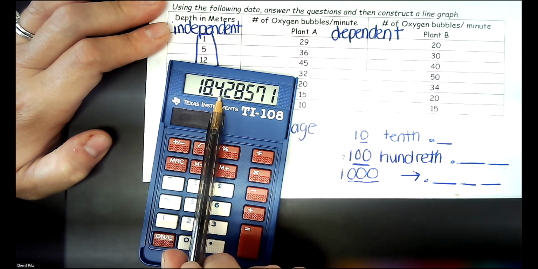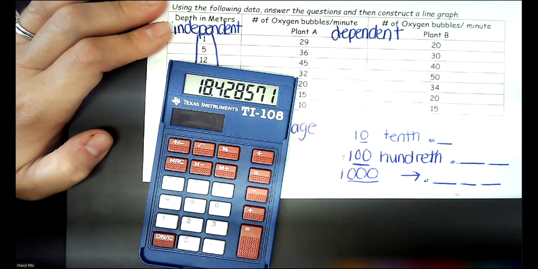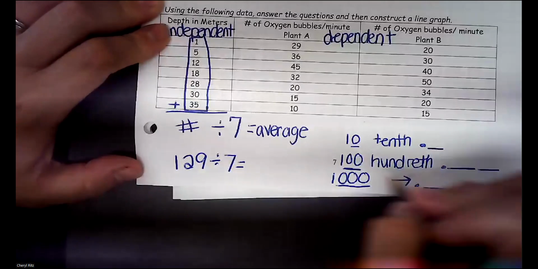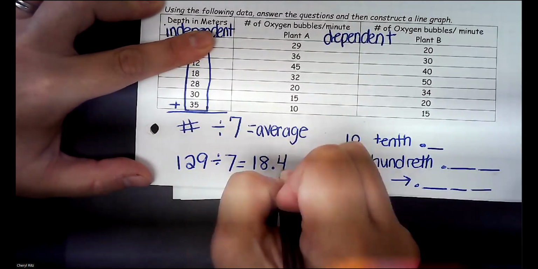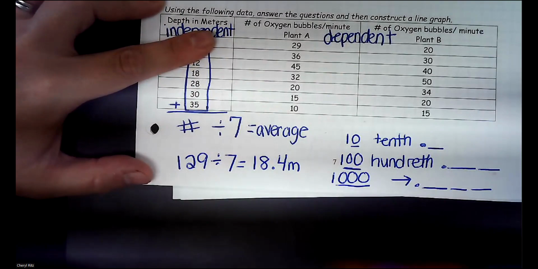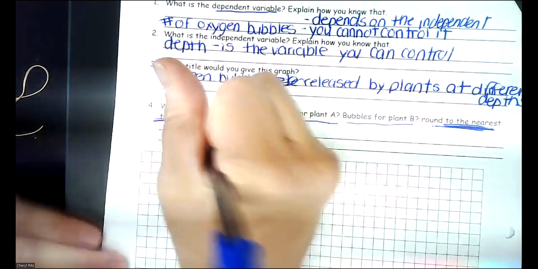To tell about the 4, we look over at the 2. The 2 tells the 4 to do what? Stay the same or round up? Stay the same. So the average depth is 18.4 meters. That was only worth a third of the point there, or a quarter of the point even.